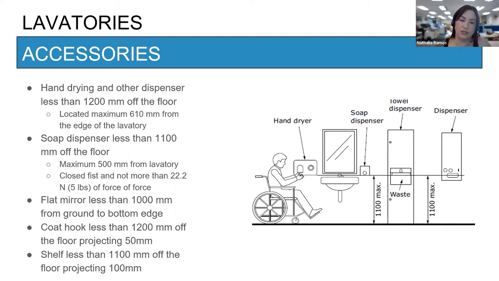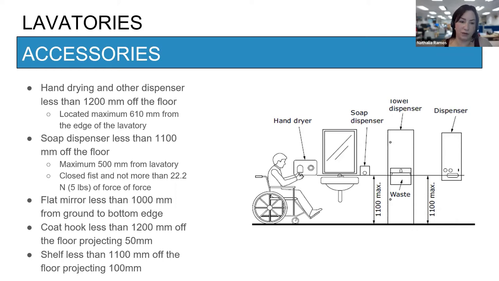Soap dispensers have to be installed less than 1100 off the floor, and located a maximum of 500 from the lavatory. Again, the soap dispenser and everything barrier-free related is activated with a closed fist and using not more than 5 pounds of force.